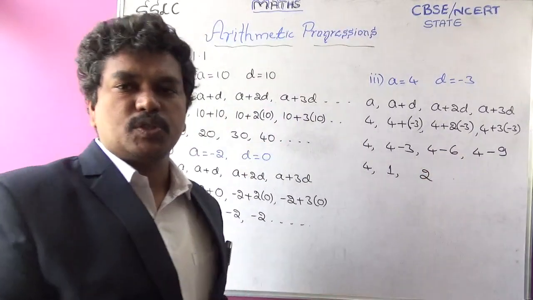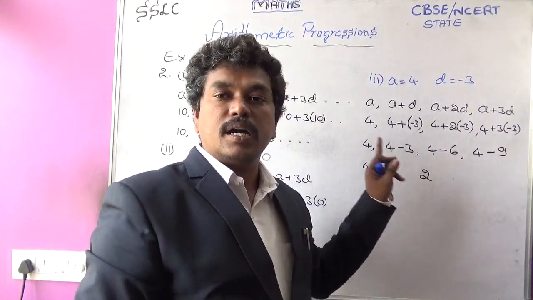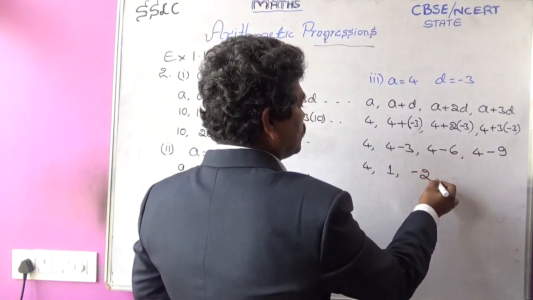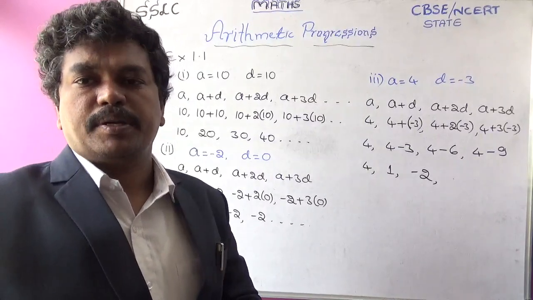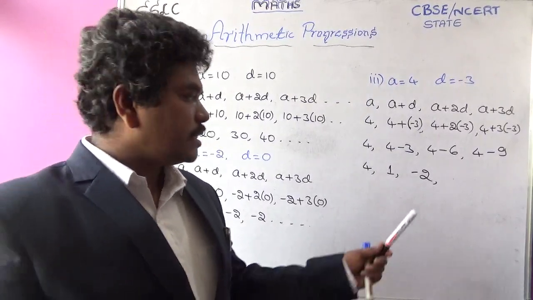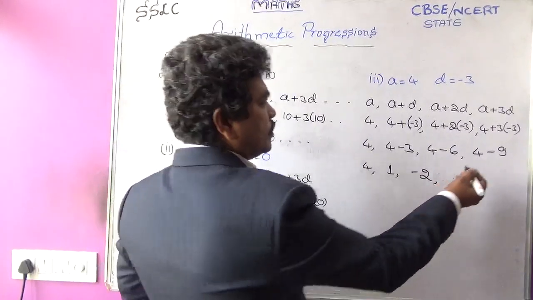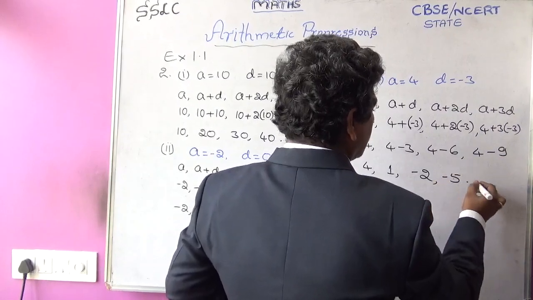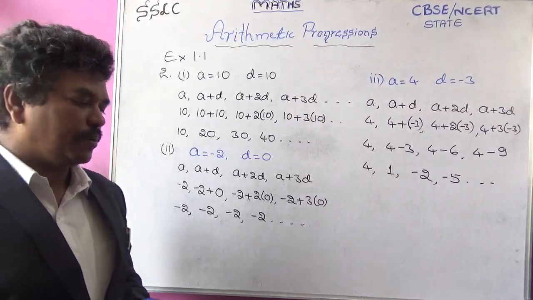You have to write the symbol of the greater number for the answer. Therefore the greater number 6 has a minus, so you write -2. After addition or subtraction, you write the symbol of the greater number. Here also 9 minus 4 is 5, and the greater number's symbol is minus. So this is an arithmetic progression: 4, 1, -2 and -5.